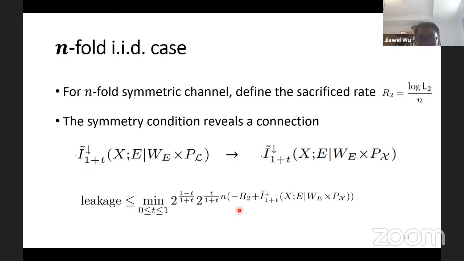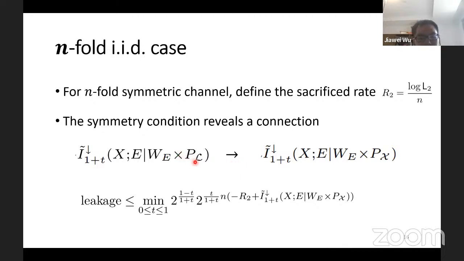Then in the n-fold case, we have a simpler form. So in an n-fold symmetric channel, we define this sacrificed rate R2. Then the symmetric condition should reveal a connection between this quantity and this quantity.